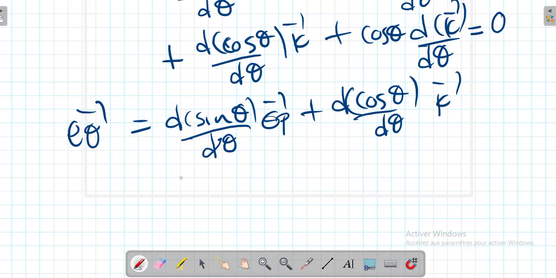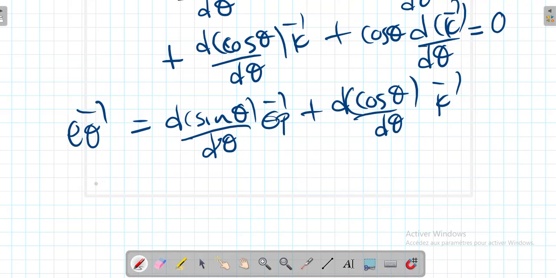The other terms are constants, therefore they give us 0. So you still apply the product rule, except that you have to know which one is constant and which one is not constant in order to apply it.